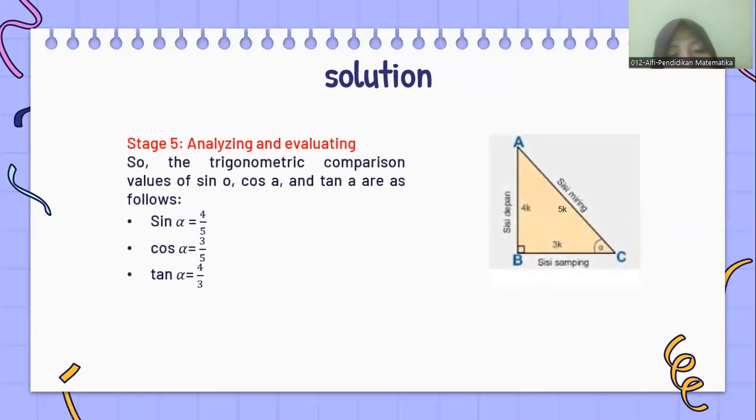The next solution, step 5, analyzing and evaluation.